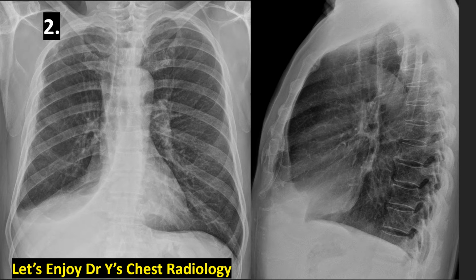Let's enjoy the second case. What do we see? What's the difference or similarity with the first case? This is also combined collapse from the bronchus intermedius. More displacement of fissures to the inferior medial portions and almost complete disappearance of the right hemidiaphragm.